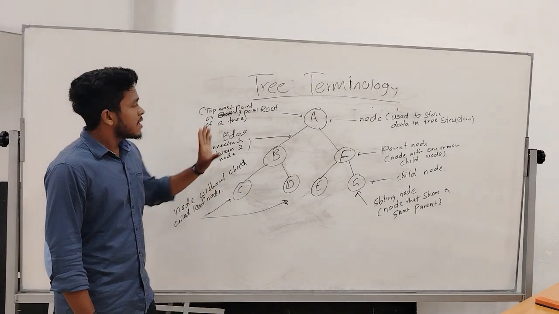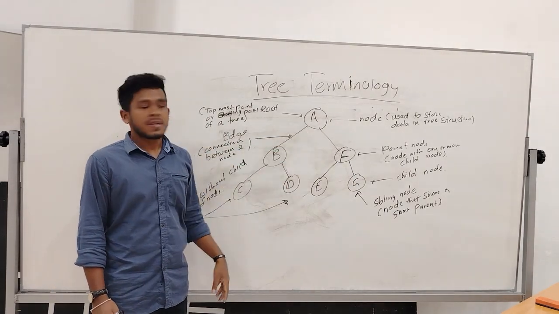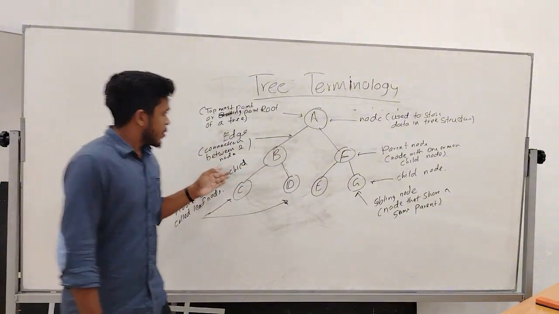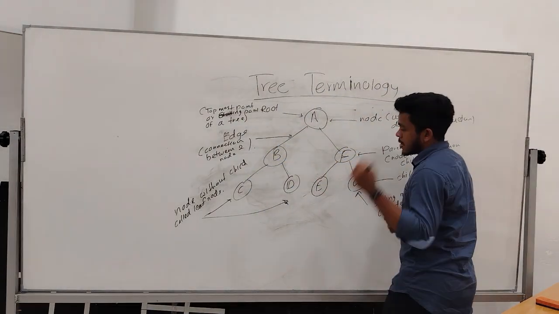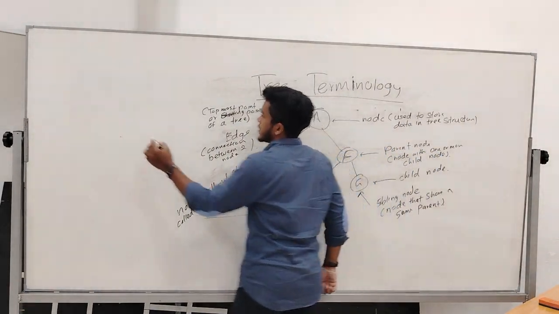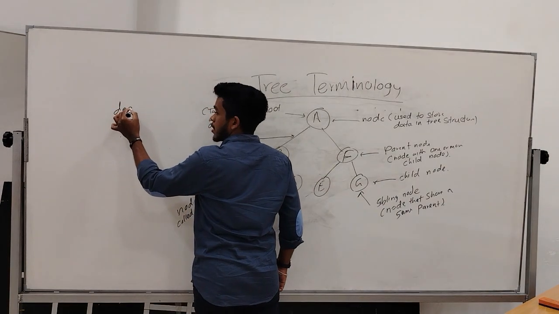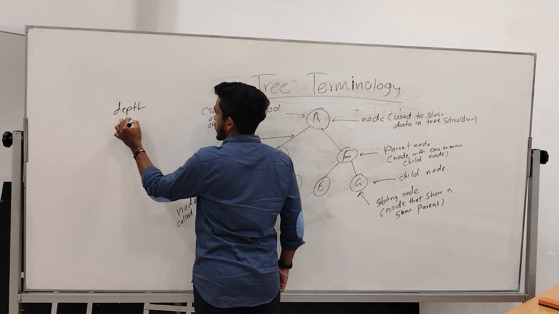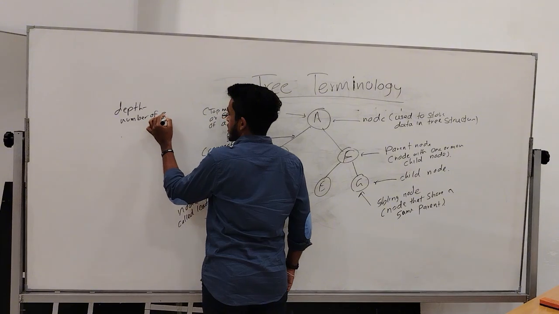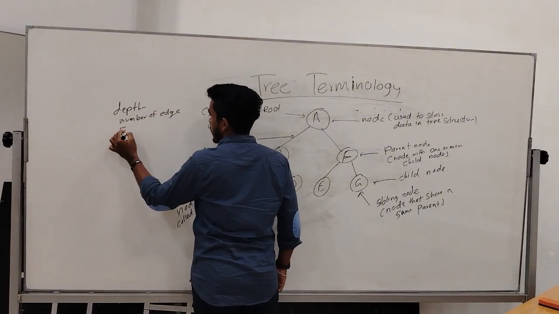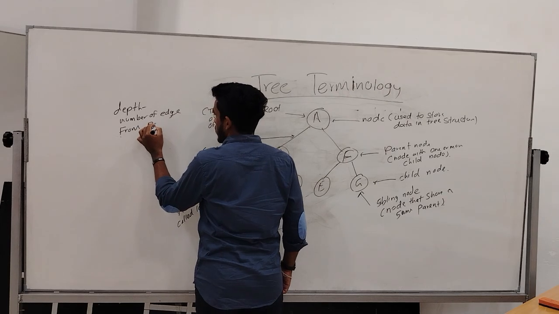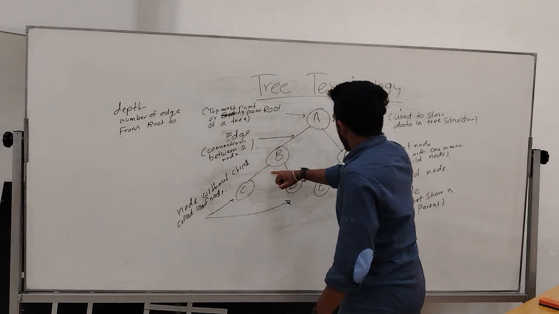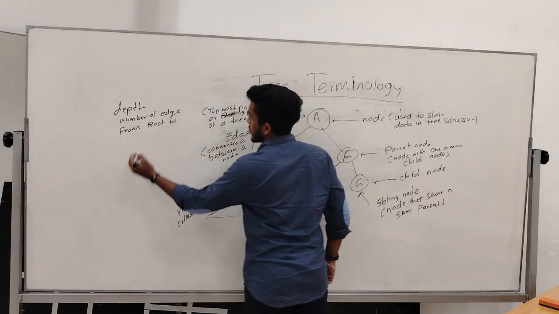So depth means the number of edges from the root to a specific point in the structure. The depth of the tree means the number of edges from the root to a specific point of the tree.